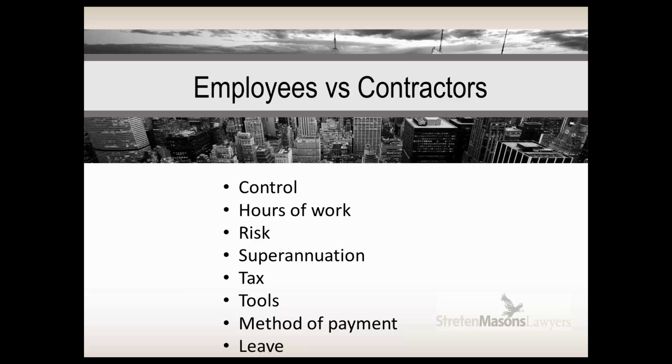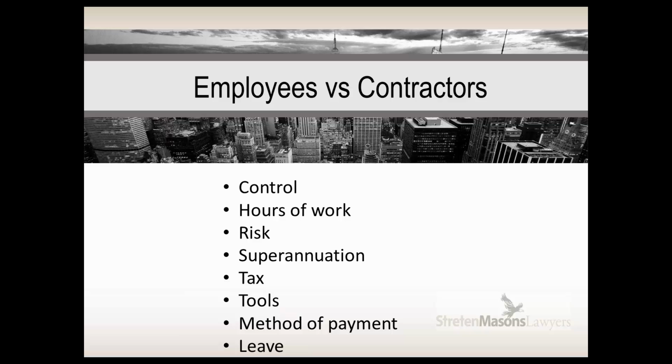The last indicator is leave. So as I said before, employees are entitled to receive paid leave for annual, personal carers leave, long service leave, etc. Obviously an independent contractor, as the difference, doesn't receive any of those entitlements because they're completing a specific task rather than working for an employer.